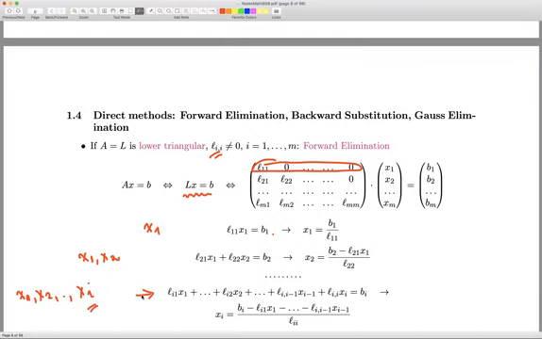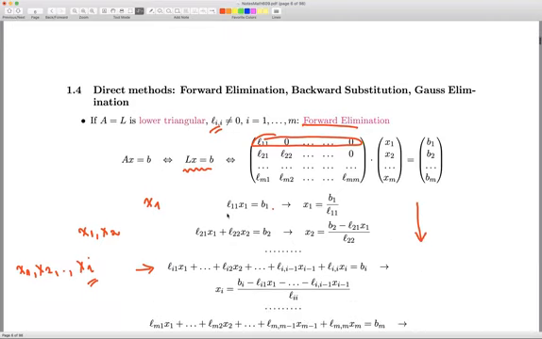So what is happening then? That's why the method is called forward elimination, because we start from the top, go down forward, and eliminate the unknowns one by one. From the first equation, since L11 is different from 0, we can write exactly what x1 is.